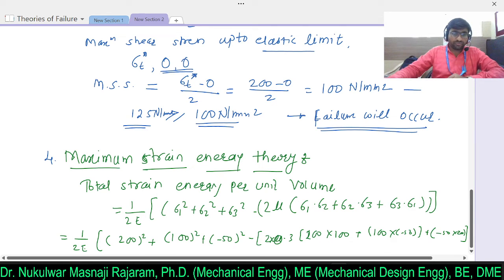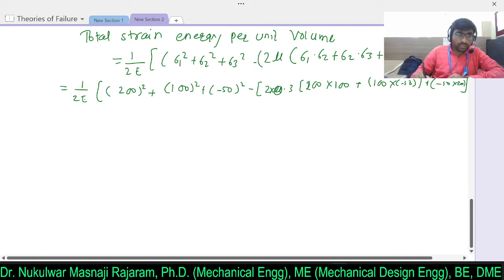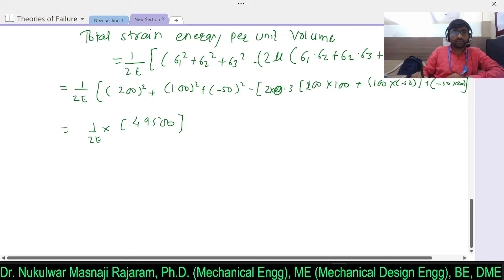If you solve this entire equation, then you will get 1 upon 2E into 49500. Just check whether these values come or not.